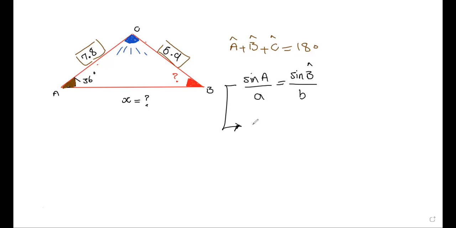Now, let's put the values there. I put sine of 36 degrees over a, the length associated with angle A, which is 5.9. The second ratio, I'm looking for the angle B. I place B there. And then the length associated with B, which is looking at it, is how much?